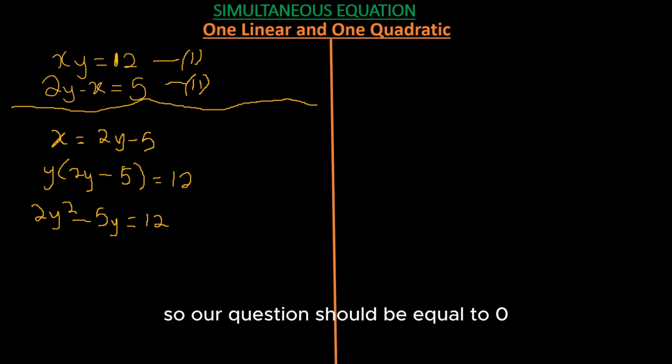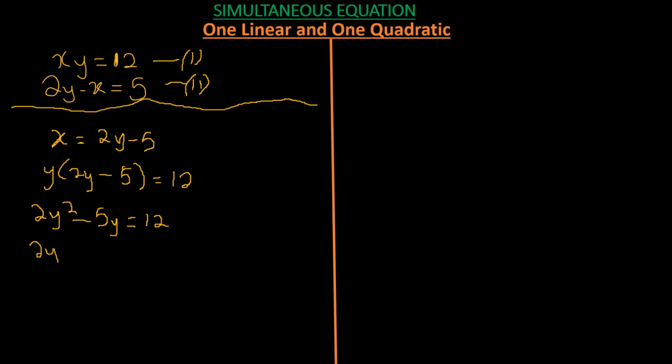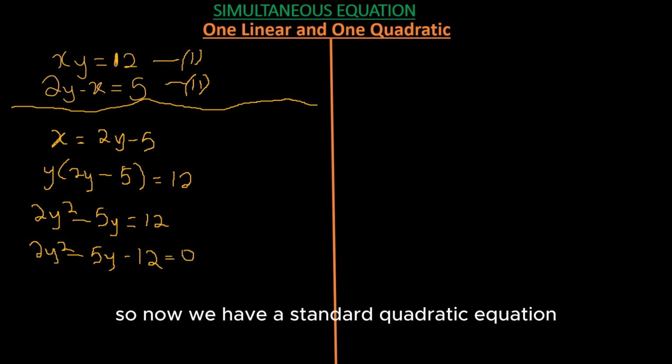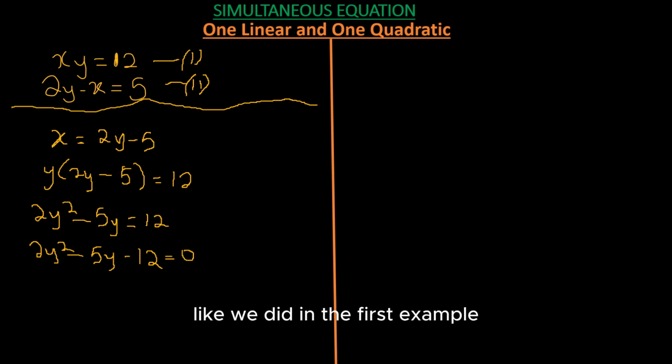So our equation should be equal to 0. So that will give us 2y squared minus 5y minus 12 equal to 0. So now we have a standard quadratic equation like we did in the first example.